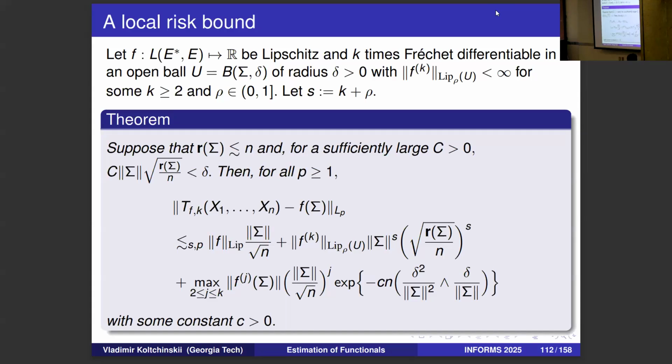I have to add additional terms based on the fact that the estimator could be outside, and then I need to control the probability of this, which appears in the exponential term at the end. For all purposes, this is a negligible term, much smaller than the rest of the bound. But this is a local version of the bound.